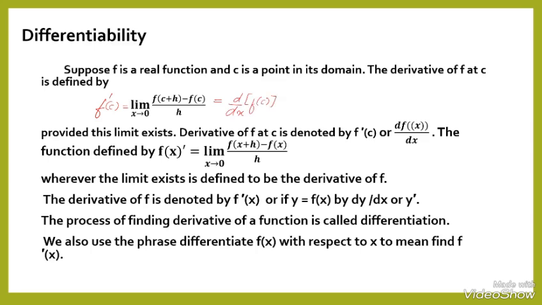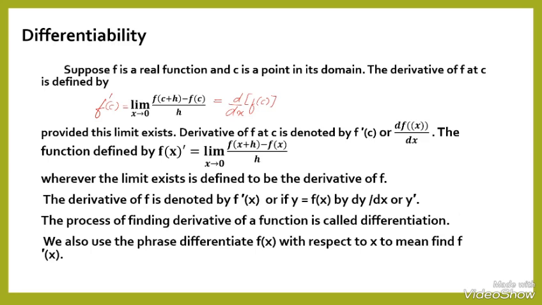Then, replacing c by x, it can be written as f dash of x, which is equal to the limit as h tends to 0 of f of x plus h minus f of x, divided by h.